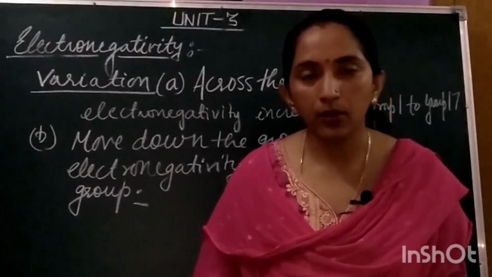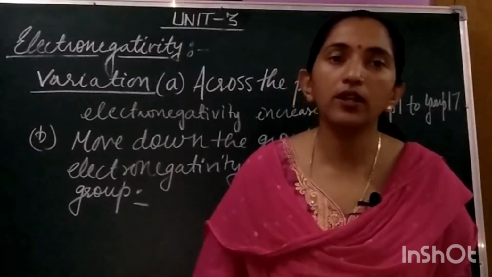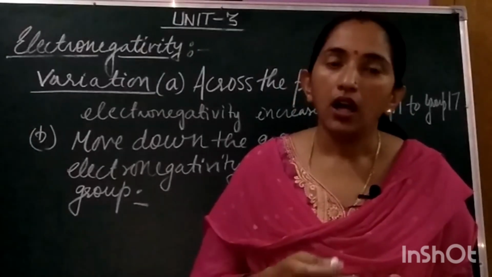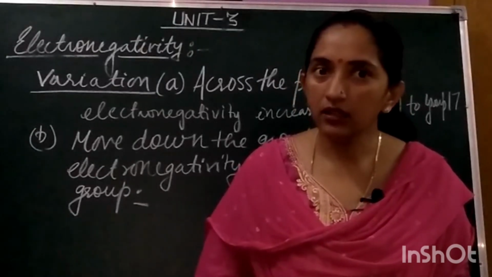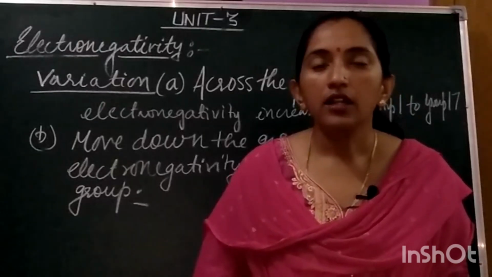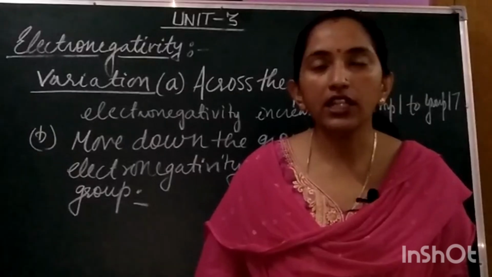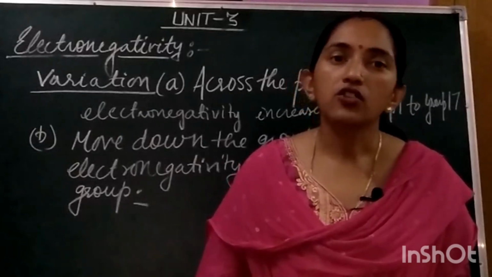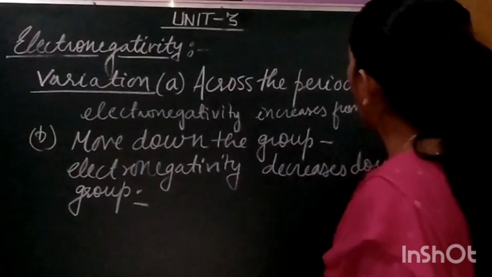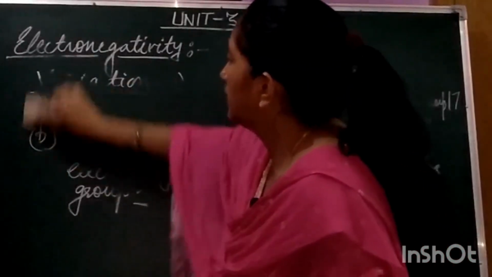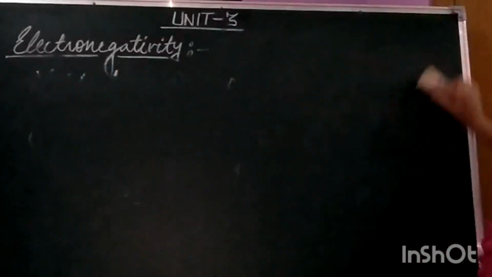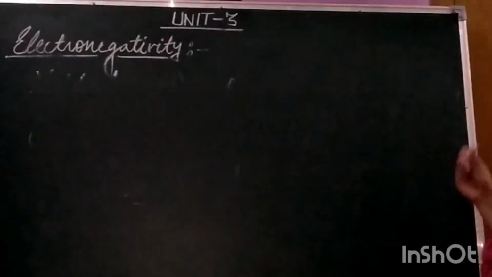So by knowing the electronegativity of two elements, we can compare their metallic and non-metallic properties. The element with the lower value of electronegativity will show the metallic character to a greater extent, or act as a metal, and the one with the greater value will behave as a non-metal. So electronegativity helps us to predict the nature of the element.